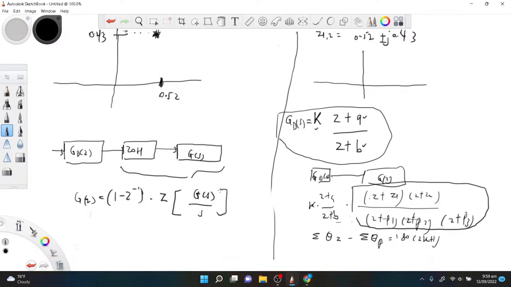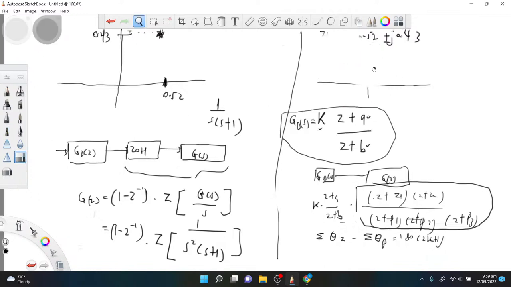Let's take G(S) to be 1 over (S + 1). So you get 1 - Z^-1 multiplied by the Z transform of 1 over S squared (S + 1). You inverse Laplace this, then Z transform it, and multiply by this. When you do that correctly, you get your G(Z).